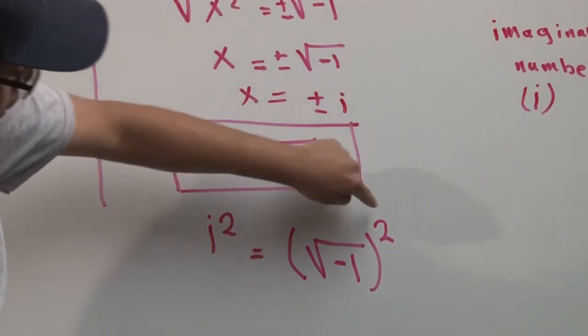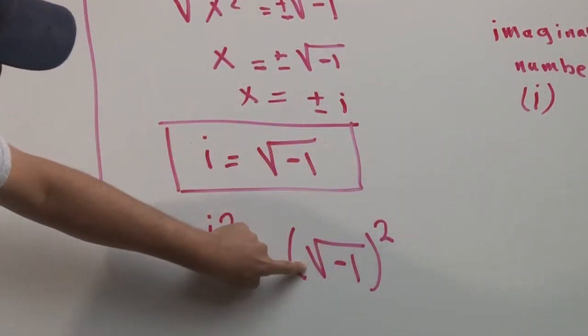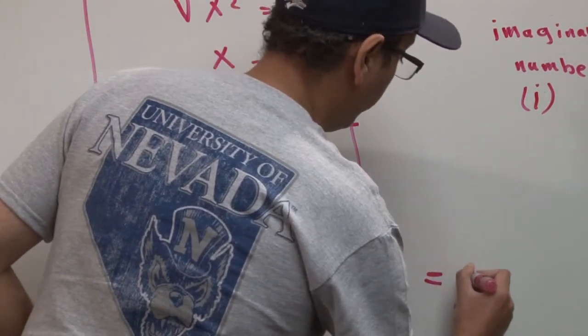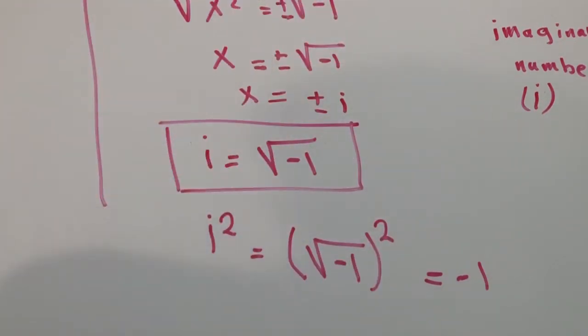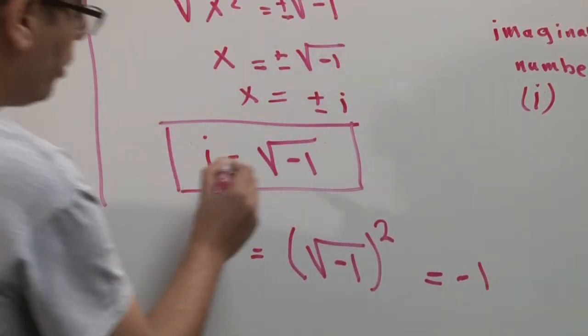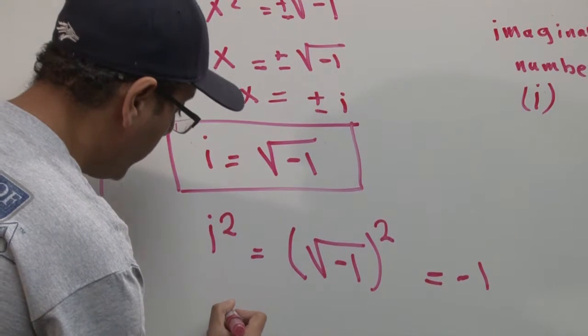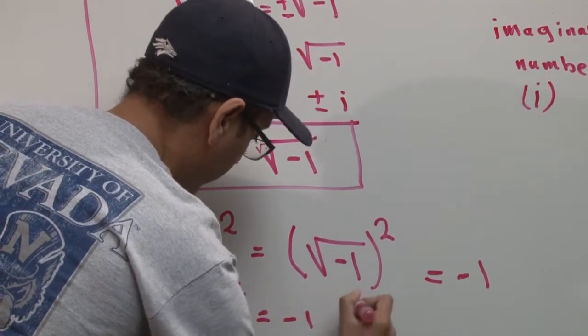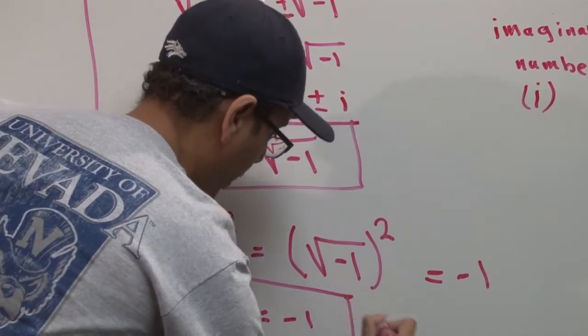I know that the square cancels out with the square root, so that would give me negative 1. So now I have two rules. i equals the square root of negative 1, and i squared equals negative 1. This is my second rule for today.